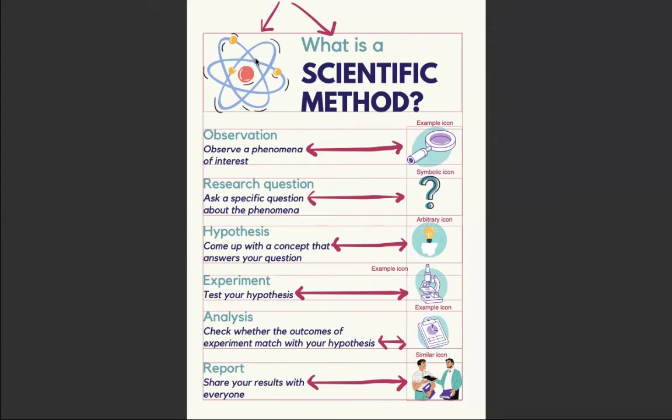Or for example, if you would like to keep this like this, the "what is a scientific method" to the right and the atom icon to the left, I would suggest rearranging these icons to fit to the other side, as this would help with the consistency and also keep everything to the common fate of having icons to one side.